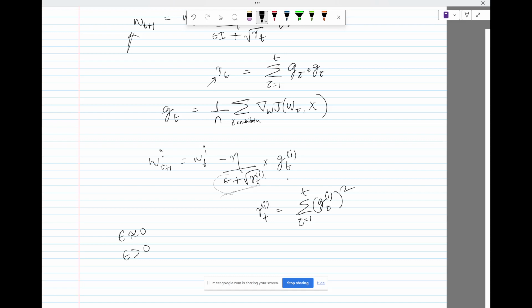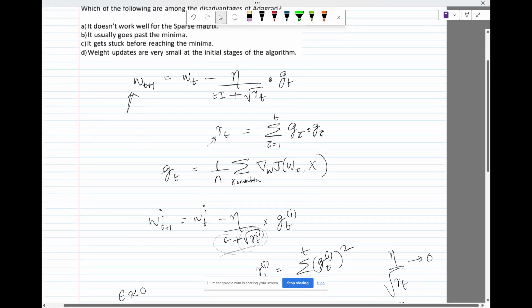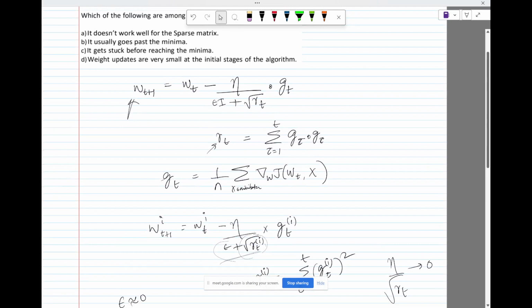So when time increases, this term will become very large, and the scaling that you're doing to the learning rate eta by root R_t can become very small as t increases. So what can happen is it gets stuck before reaching the minima, right?